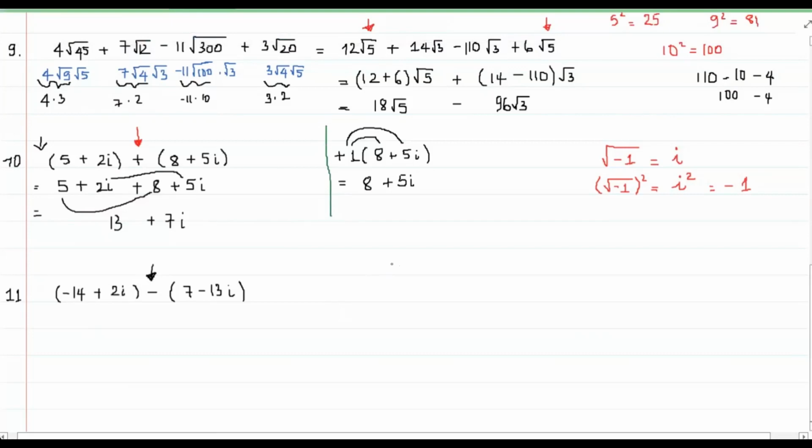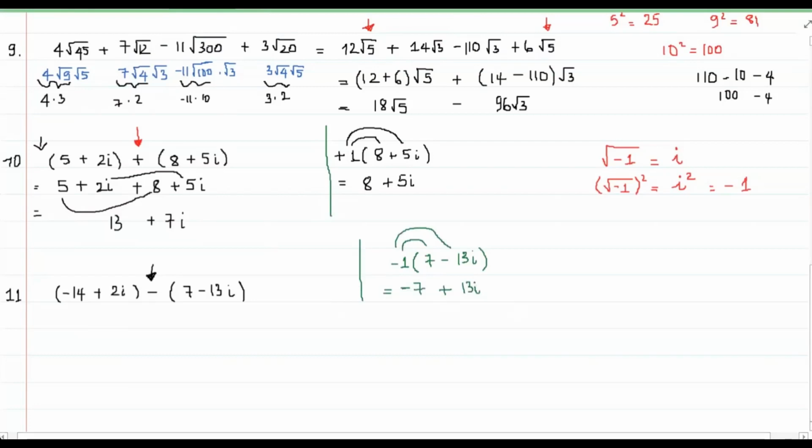Okay, so this one will look like negative 1 times 7 minus 13i. When we distribute, we will have negative 1 times positive 7, that's negative 7, then negative 1 times negative 13i will be positive 13i.